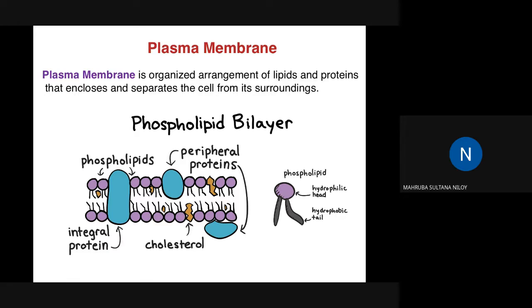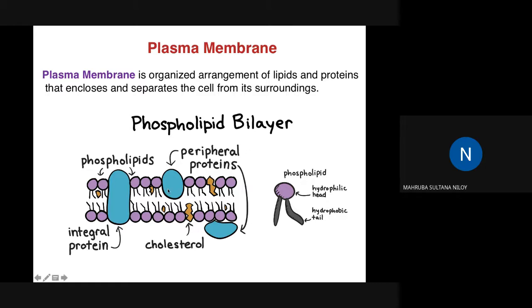Because it's situated in between two layers. Yes, it's in between two layers, so it's integrated in the lipid bilayer. Okay.